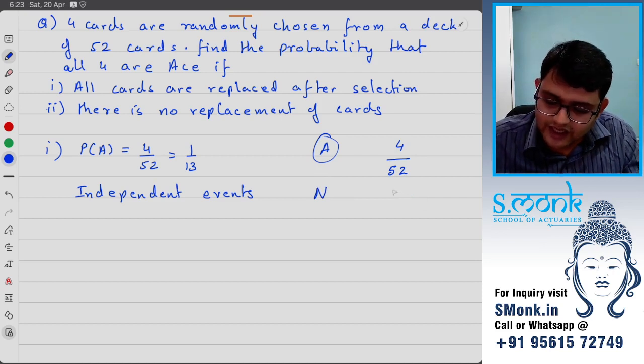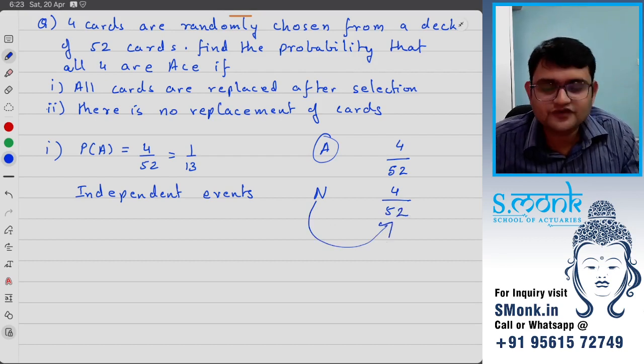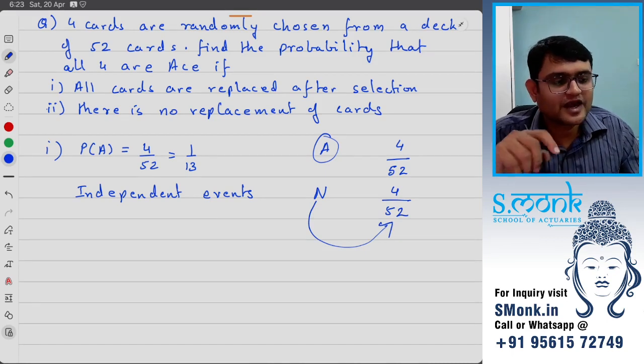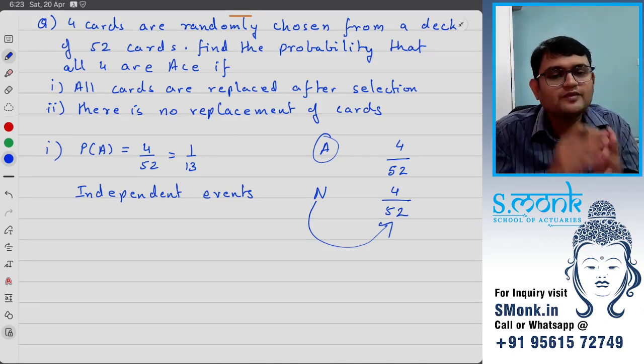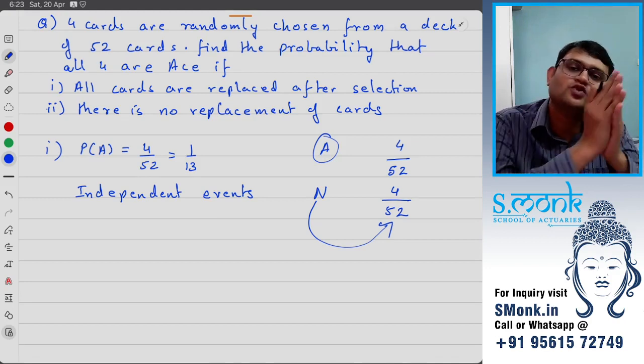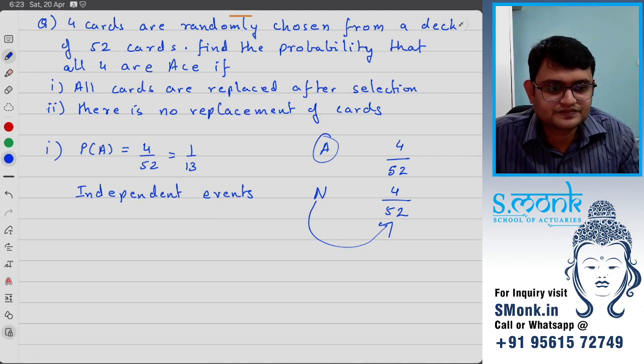Then in the deck I have 4 aces and 51 cards. But when I replace it back, I have 4 aces out of 52 cards. So every time I replace the card back in the deck, my probability of selecting an ace again becomes the same as it was previously.